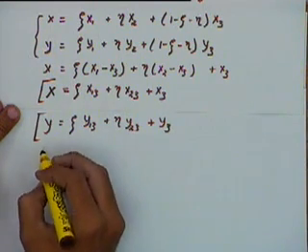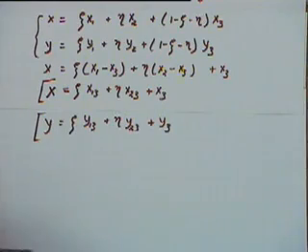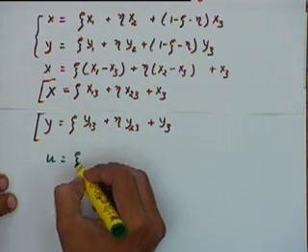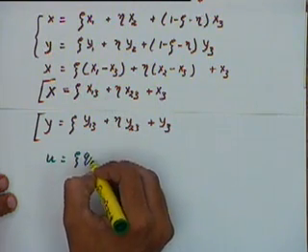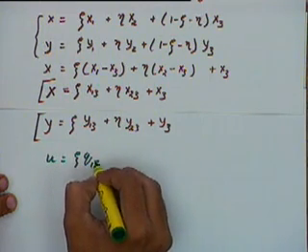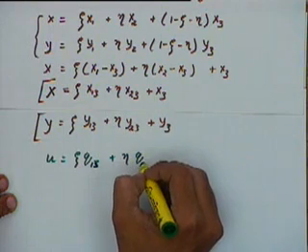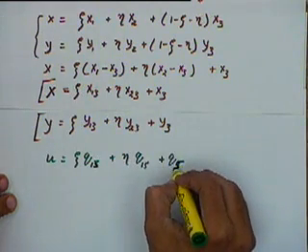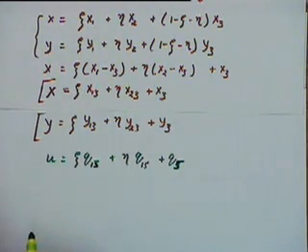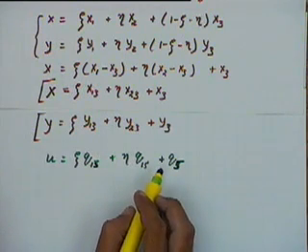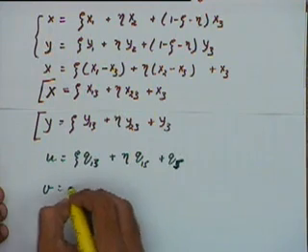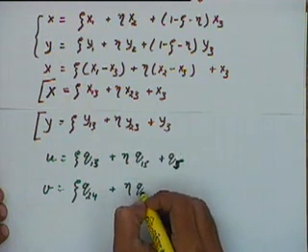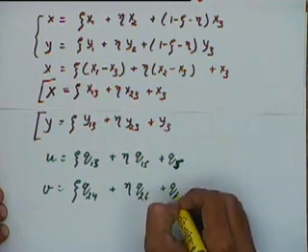Similarly, if I write down u and v, I will get u equal to zeta times q13 plus eta times q15 plus q3, sorry, and v will be equal to zeta times q24 plus eta times q26 plus q6.